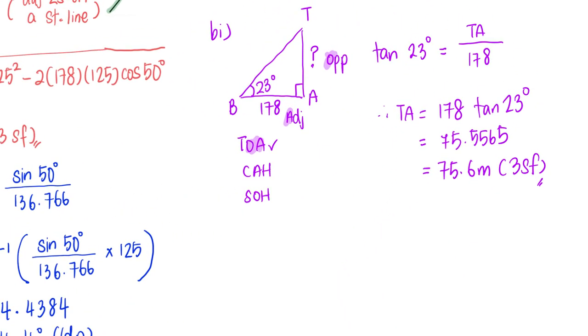At here, B part 1, step 1, triangle ABP. AB would be 178. I got my angle here. This angle is 44.4383 degrees.